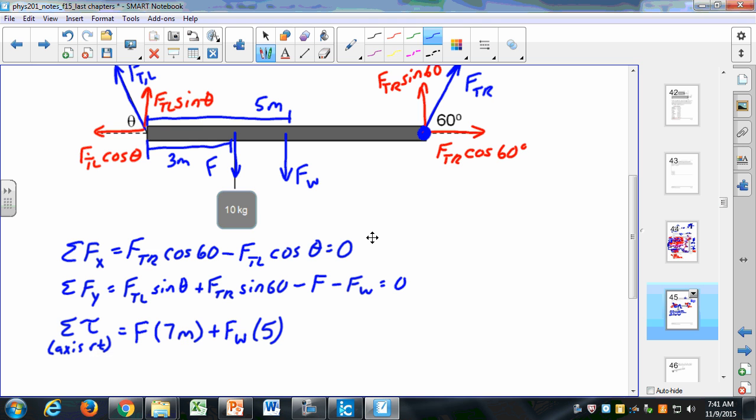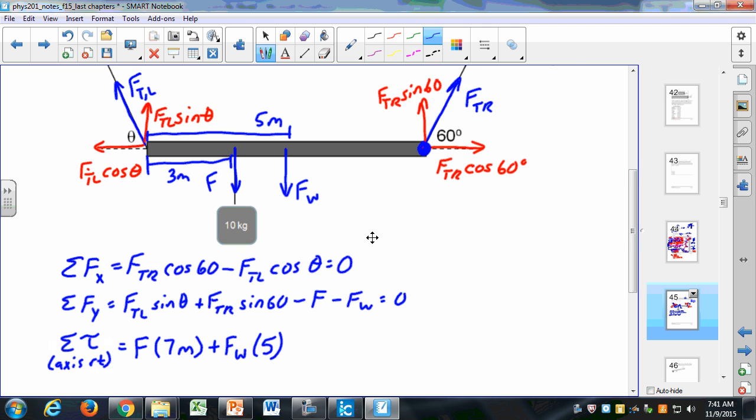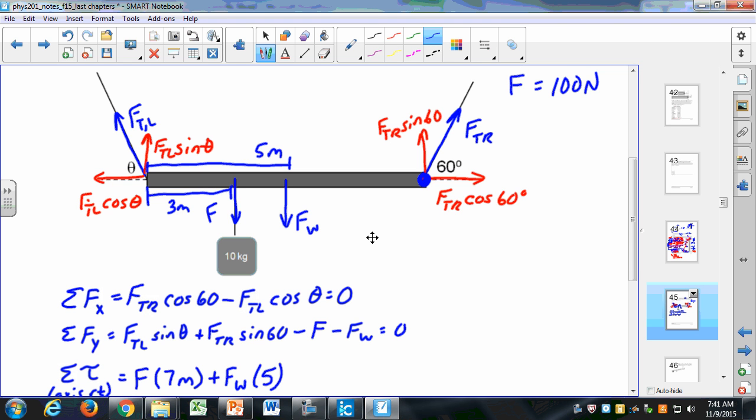Notice that I've let those two be positive because if I imagine this moment arm, these two forces are going to cause a counterclockwise rotation. So they have positive torques. And then I have some clockwise torques. Or no, I just have one, it looks like. Minus FTL times 10 times sine of theta.